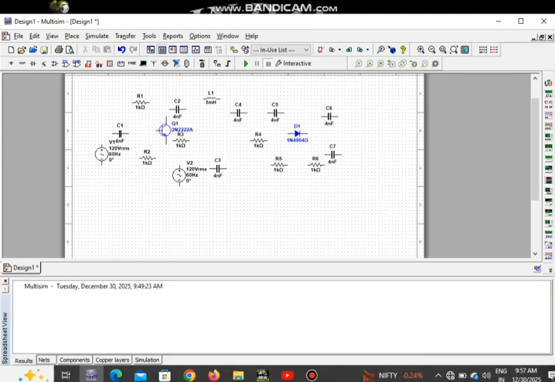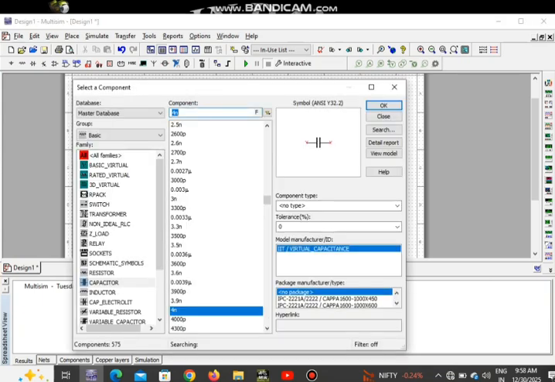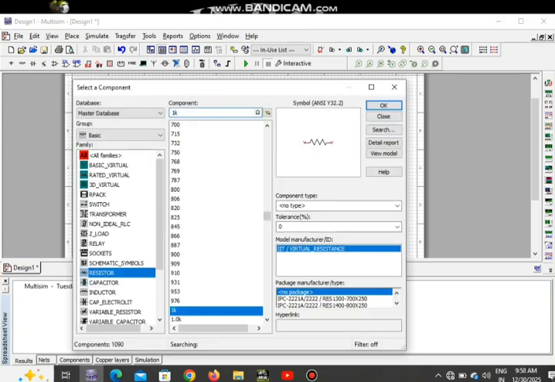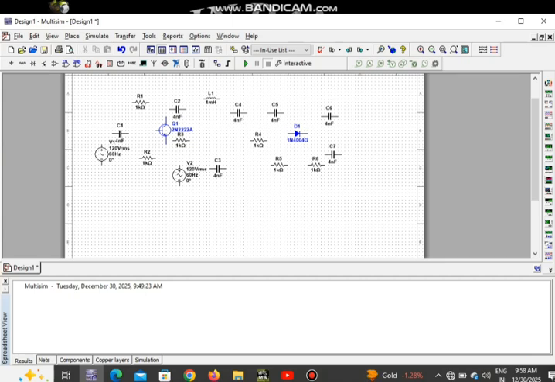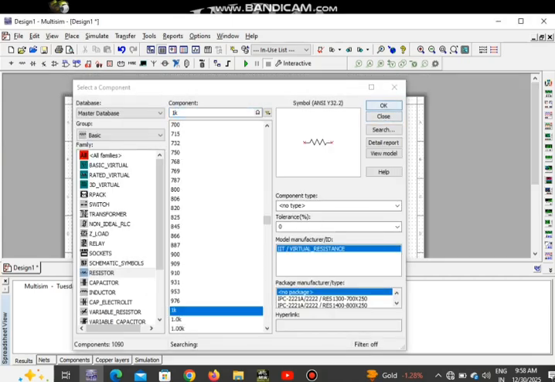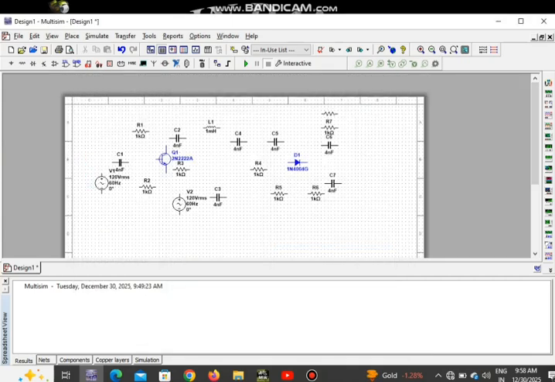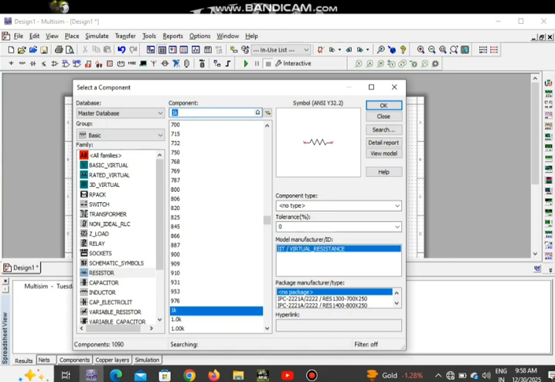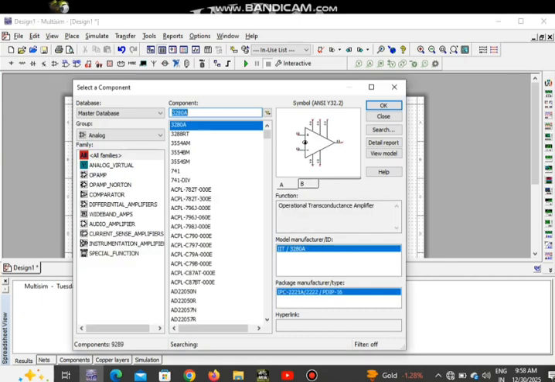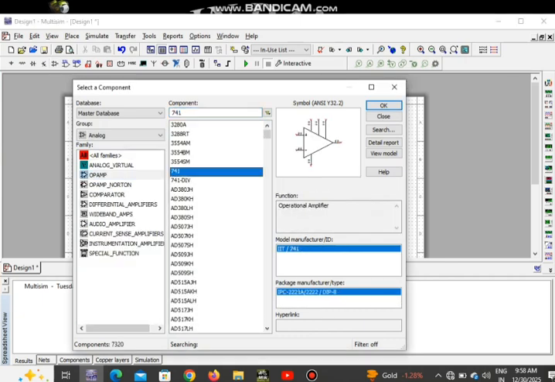Another one capacitor, C7. Another one resistor, R7, another one resistor, R8. Then op amp 5 terminal.